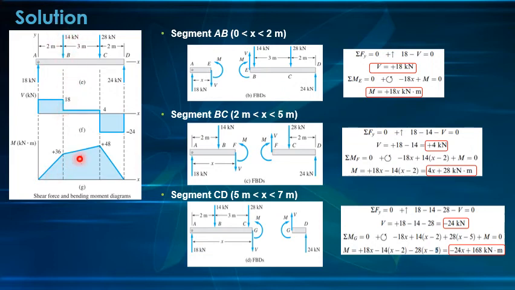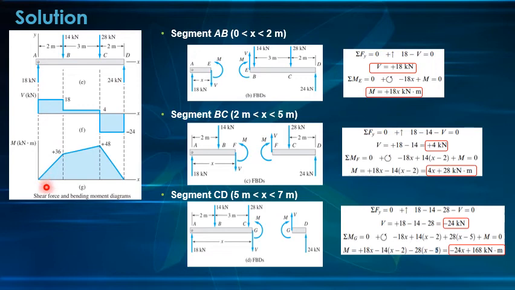Okay, how about the moment? Itong values natin dito, class, itong diagram na to, galing din ito dito sa mga equations na to. Okay, bakit dito 0? Our support here and here, this one is a hinge and this one is a roller, remember? Okay, so alam naman natin na kapag hinge or roller, wala siyang resistance sa bend, sa moment.